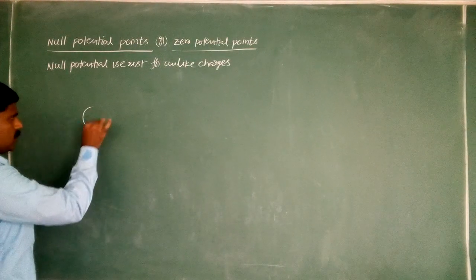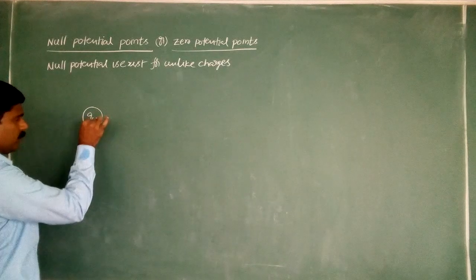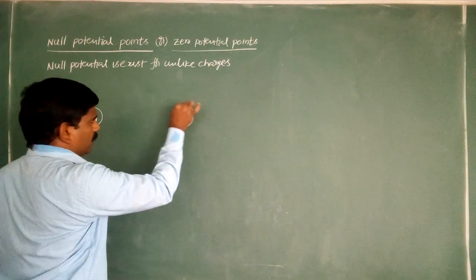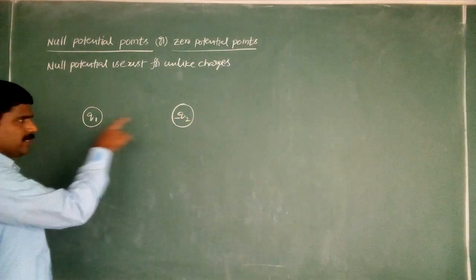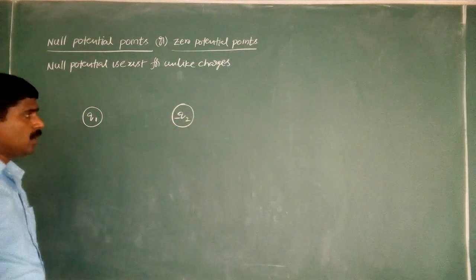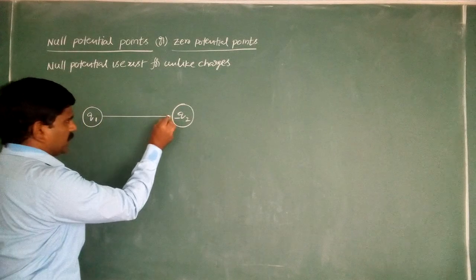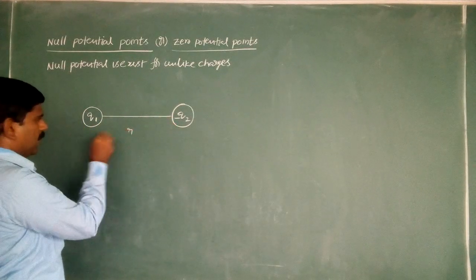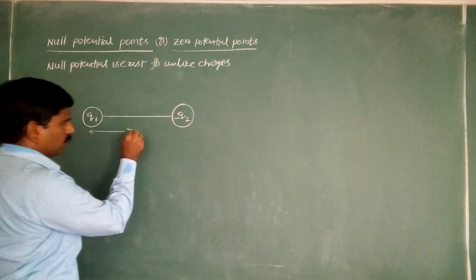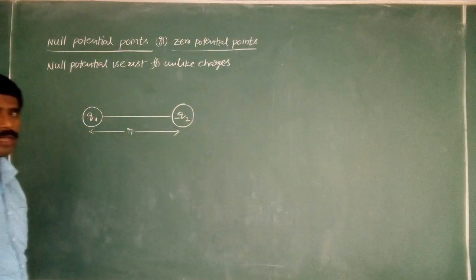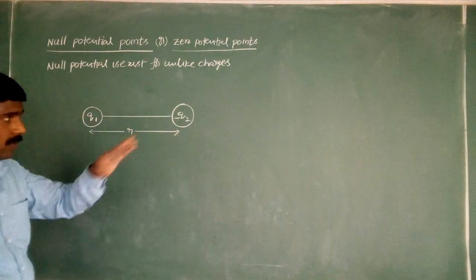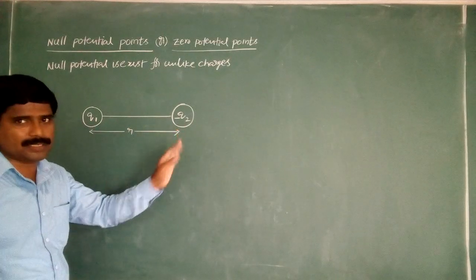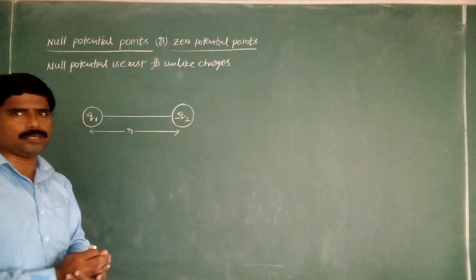Here I am taking this charge as Q1 and this one as the charge Q2, the negative charge. One is positive and the second one is negative. These two are separated by a certain distance, r meters. We want to find the null potential point where, due to this system of charges, the potential is equal to 0.